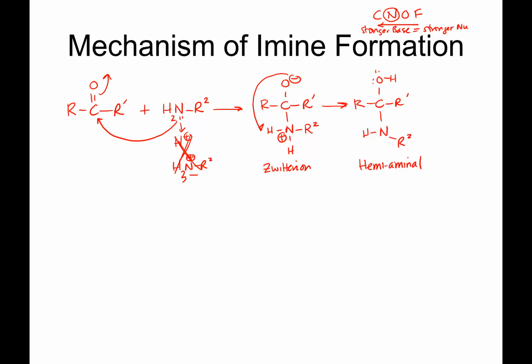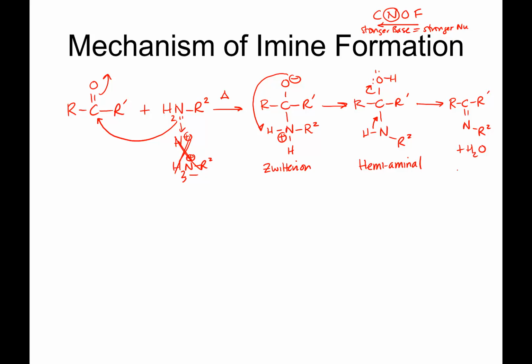Now, what will happen in this case is this reaction occurs under heat. And so the next step I'm going to show you is like, wait, does that really happen? Under heat, we're going to say it does. So when I heat this molecule in the reaction, we're going to move this pair of electrons from the nitrogen, the water's going to leave, and we're going to end up with the double bond to the nitrogen, and we're going to end up with H2O.